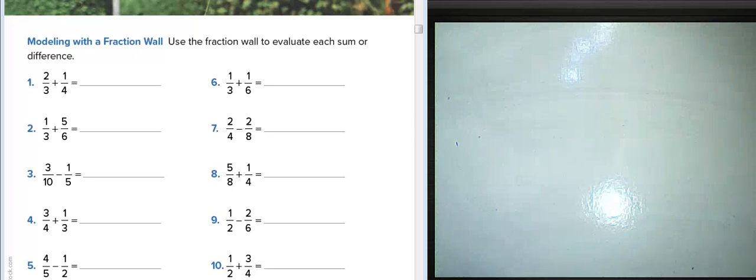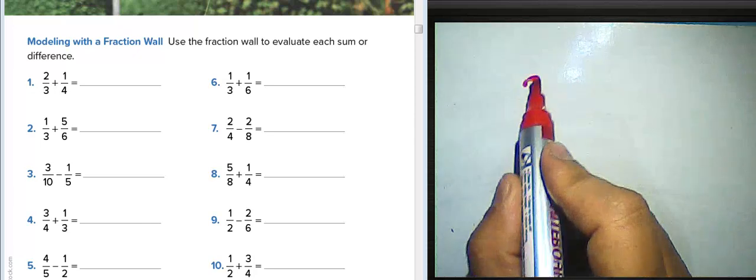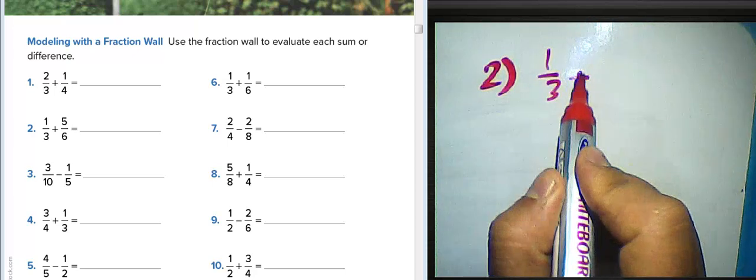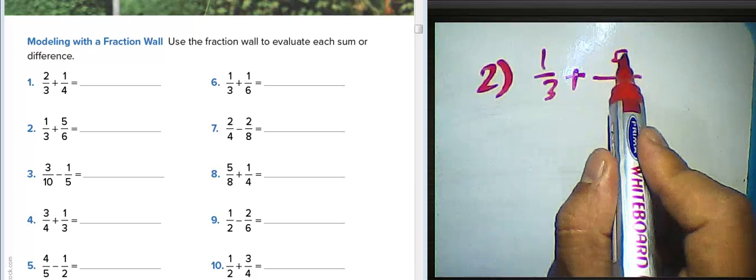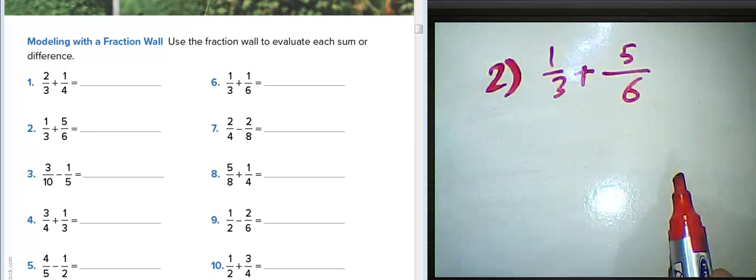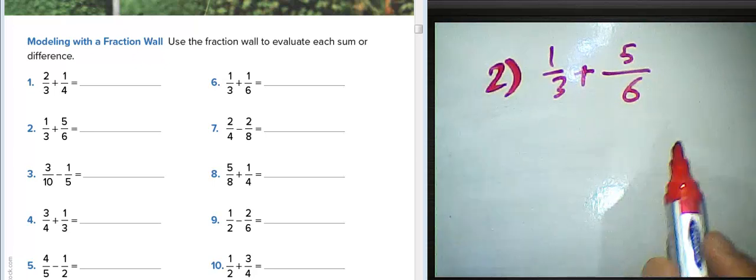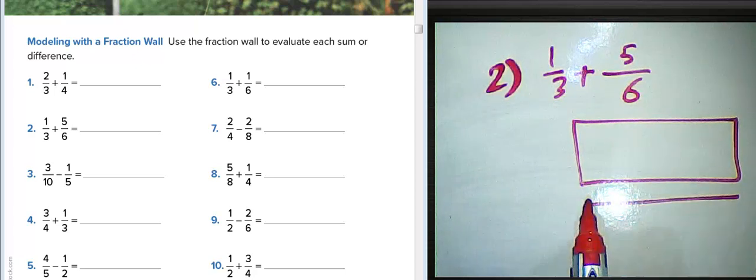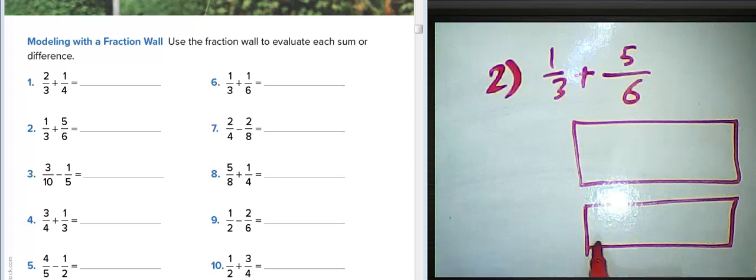Question number 2. 1 over 3 plus 5 over 6. We find the least common multiple between them, which will be 6, because 6 can be divided by 3.